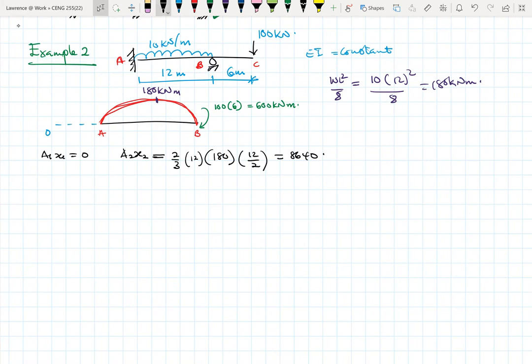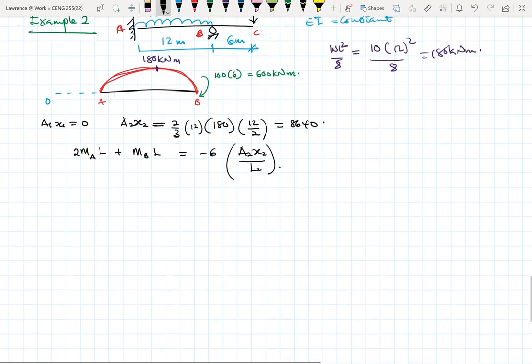So in the end, you end up with 2MA times L plus MB times L, plus 2MB times L, equal to minus 6 into bracket A2X2 over L. This becomes the simplified equation for this particular problem.